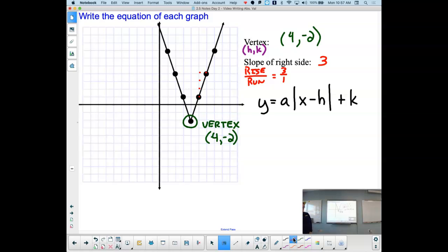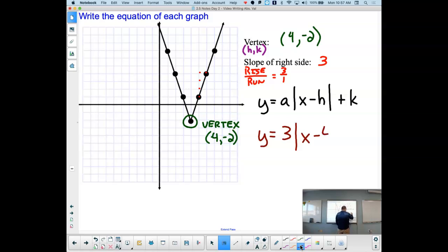That is all that I need to do in order to find the equation of my absolute value. So y equals a, which is 3, the slope of my right side, times the absolute value of x minus h.